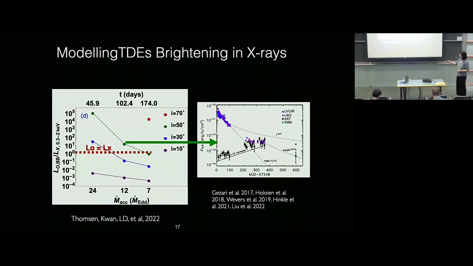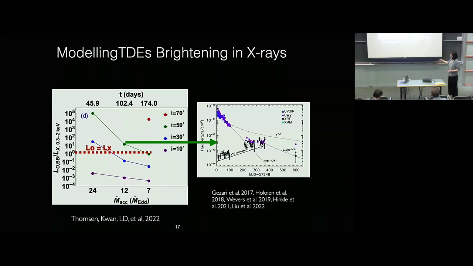Okay, and we also plotted the ratio between the inferred optical luminosity and the X-ray luminosity at different epochs. Here we just converted them into time, assuming a solar star being disrupted by a 10 to the 6 solar mass black hole.